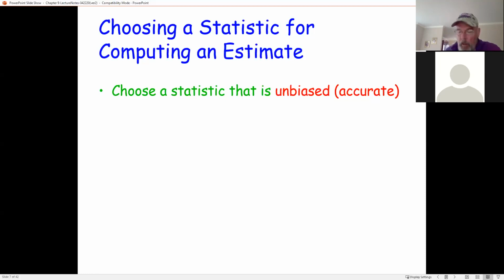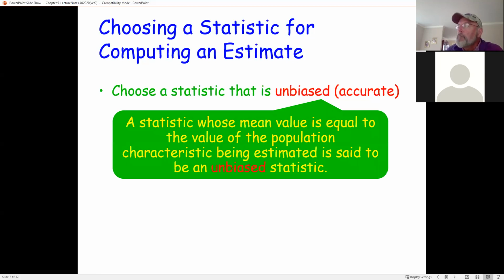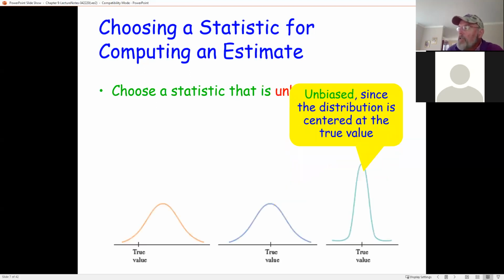We're building a sort of an interval. Okay, so we want a very accurate statistic, an unbiased statistic. And some of the things that go along with this, for example, we would like to have a narrow distribution, so that the variance is very, very close to the true value.